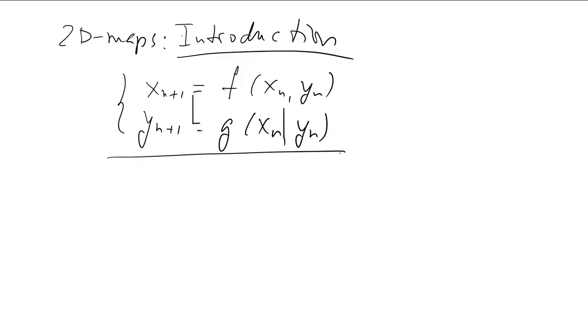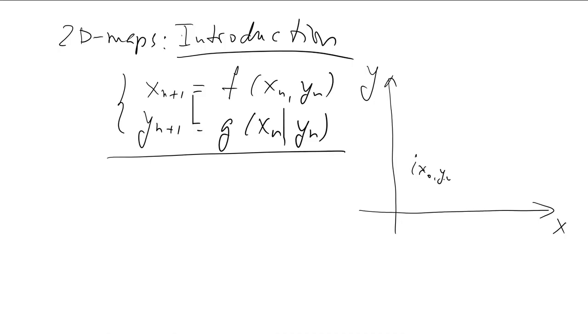So this graphically can be represented as mapping points on the plane. This is x, this is y. Let's say this point has coordinates x naught, y naught.